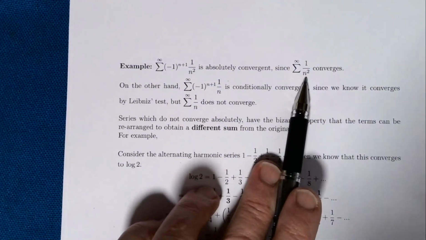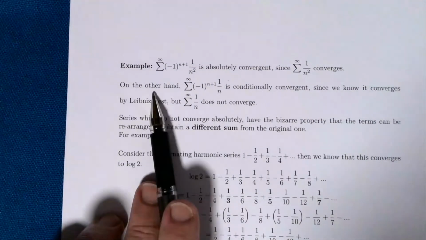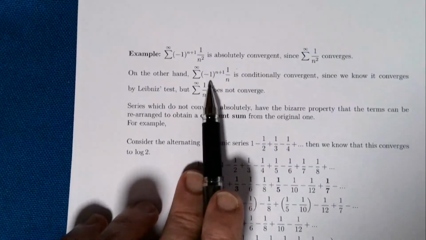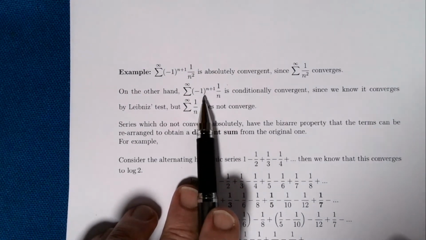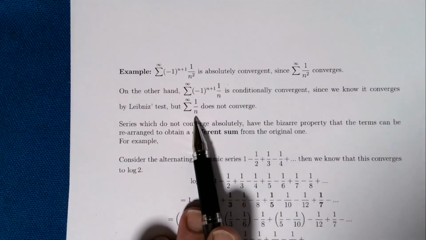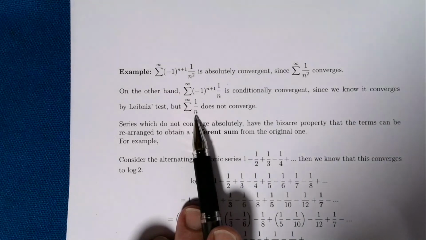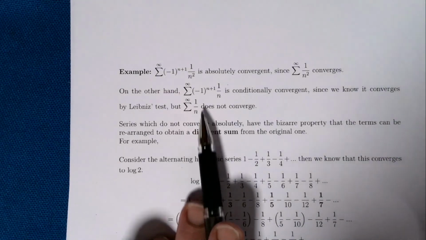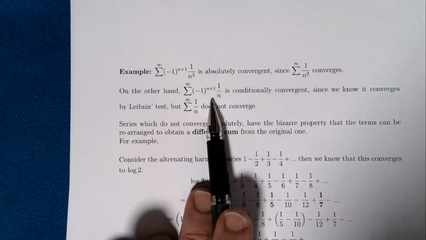On the other hand, the alternating harmonic series is conditionally convergent, because if you take away the minus 1 to the n plus 1, you get the harmonic series, and we know that that doesn't converge. So this one is an example of a conditionally convergent series.